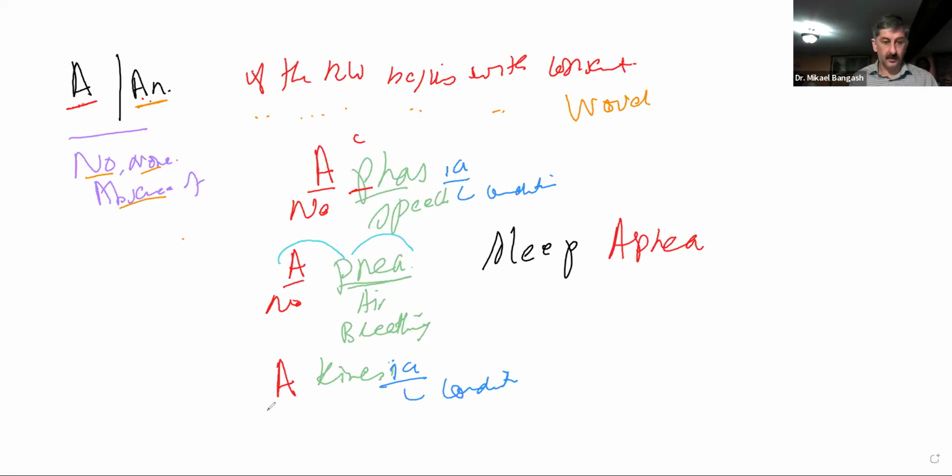In this case again a means no, or the absence of kinesia, where the word kinesia means movement or motion. So if a patient isn't moving, that state would be referred to as akinesia, or he or she may be akinesic.